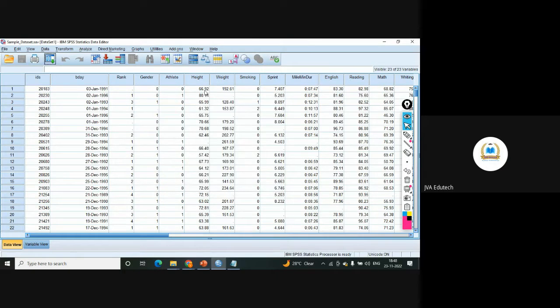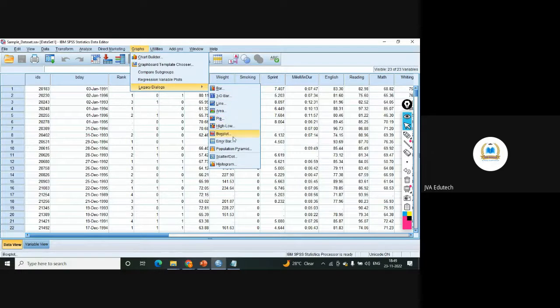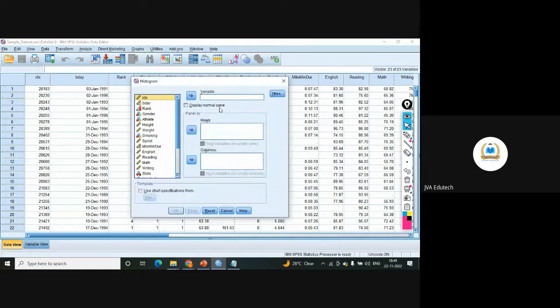Go to graph and see if there is any cluster chart diagram here, or histogram. You can select histogram. In the row, you can take gender. In the columns, you can take smoking.